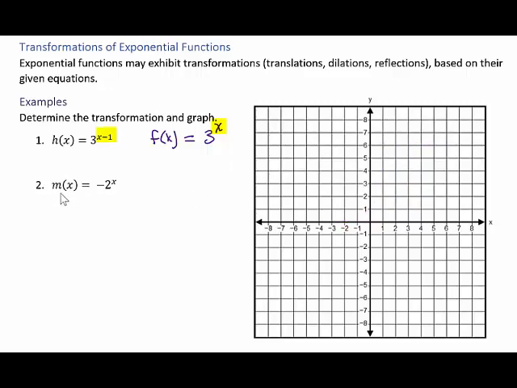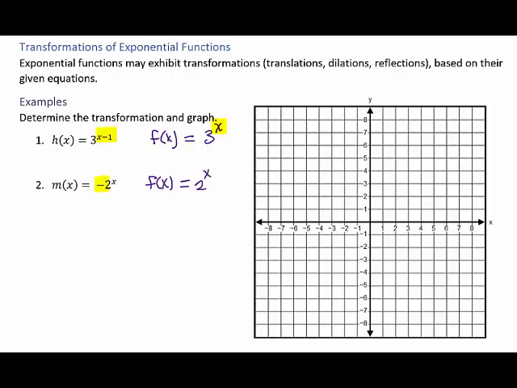In example 2, we're going to try to graph m of x, which is -2 to the x. We're going to compare this to a function f of x, which is 2 to the x. Notice there's a negative, which means we're going to have a reflection of some sort. Notice where the negative appears. It's on the outside of the original function f of x, and therefore the y values are affected.